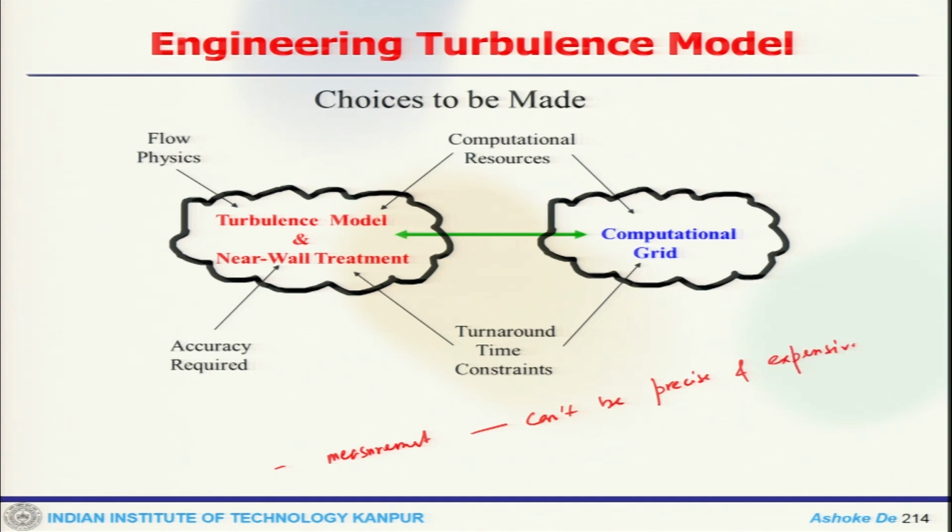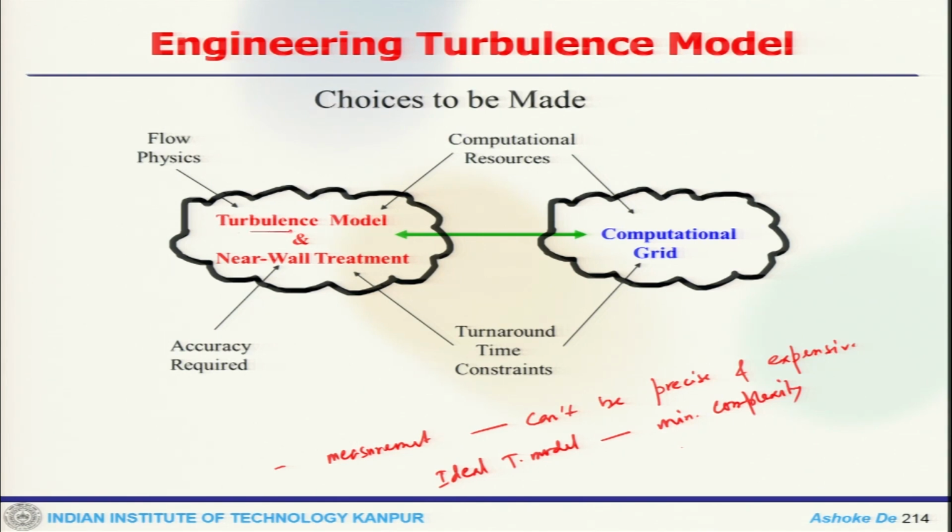So, one has to make a choice. The ideal turbulence model should introduce minimum complexity while capturing the essential flow physics.